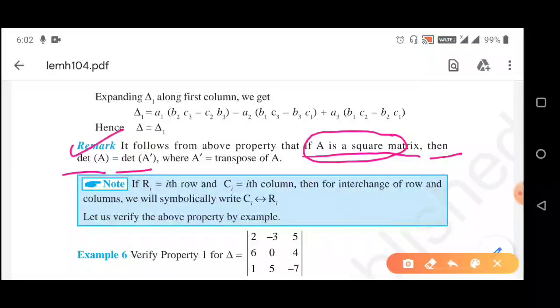In this property, we learned that if the rows and columns are interchanged, then the value of the determinant will not change. That means if we interchange the rows and columns, it becomes the transpose of A. That's why it is written that determinant of A is equal to determinant of A transpose. So this is our property 1.